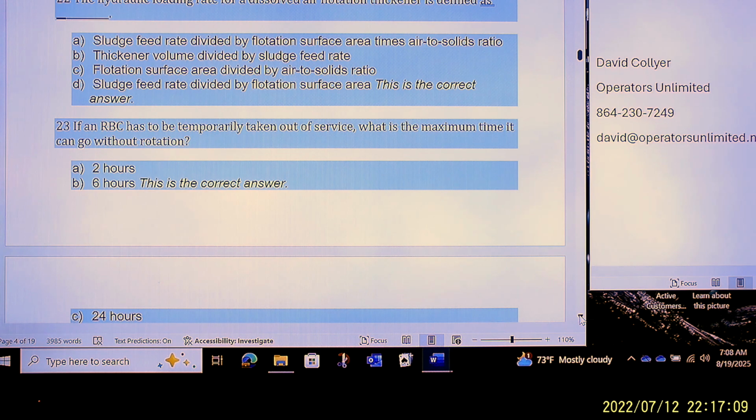B, thickener volume divided by sludge feed rate. C, flotation surface area divided by air to solids ratio. Or D, sludge feed rate divided by flotation area. The answer to 22 is D, sludge feed rate divided by flotation surface area.